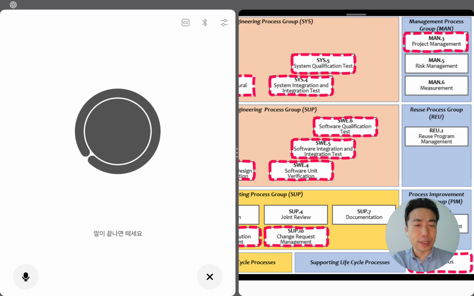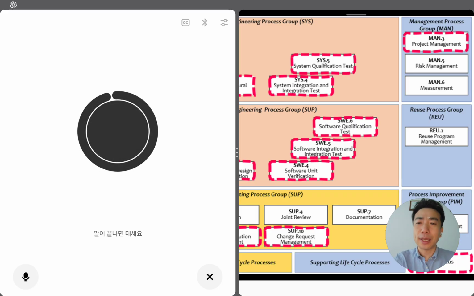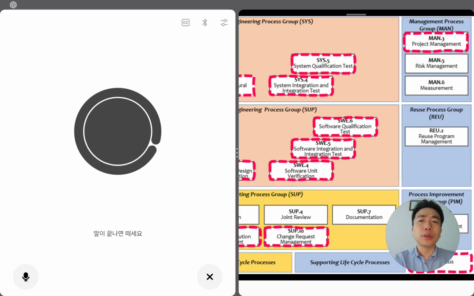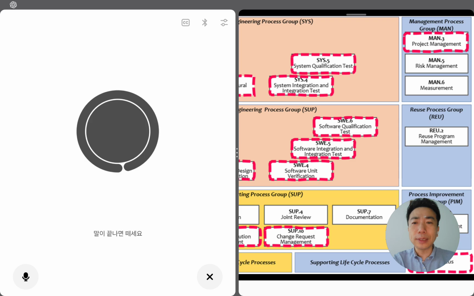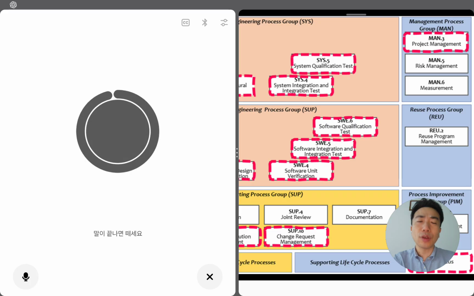Auditors always want to see proof, plans, reports, meeting notes, risk lists, and change records.